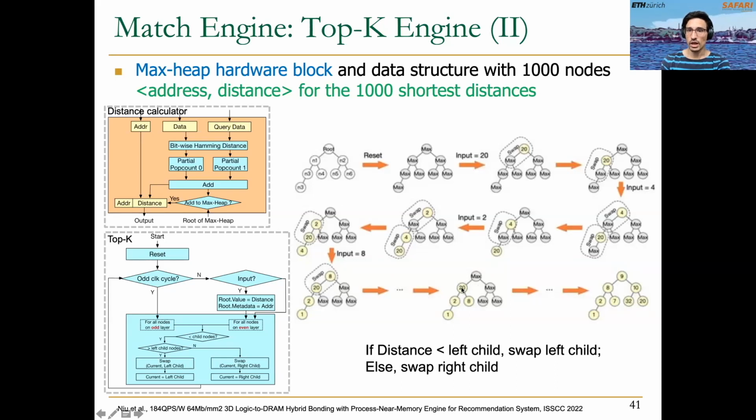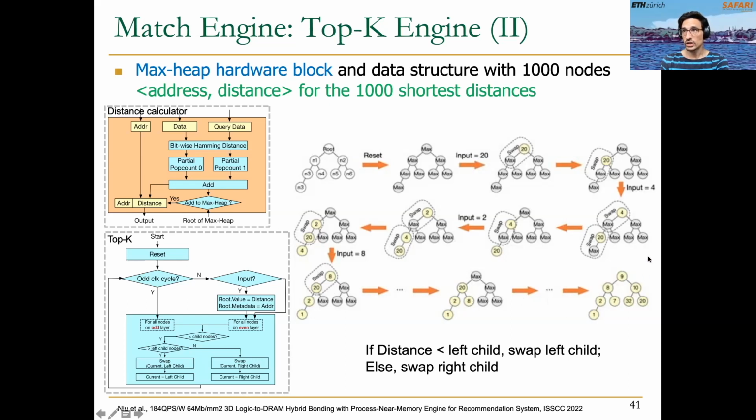Observe that a few cycles later, the nodes have been rearranged in this way. On the left branch, let's say the left children are all the smallest distances that we have received. On the right, we have those distances that are larger.